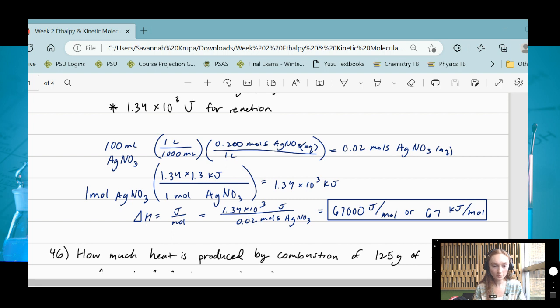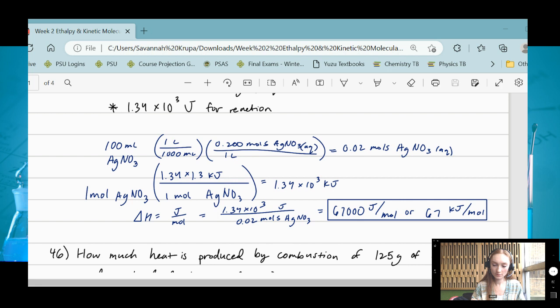So for every 1 mole of AgNO3, since that's what we have here in this equation, we have 1 mole of AgNO3. There's going to be 1.34 times 10 to the third power of joules.